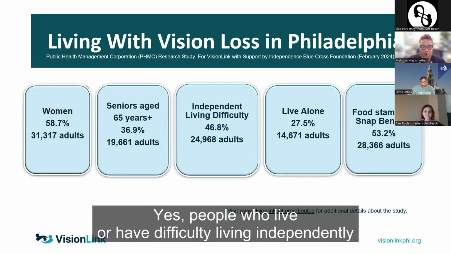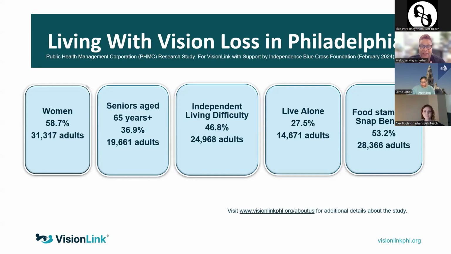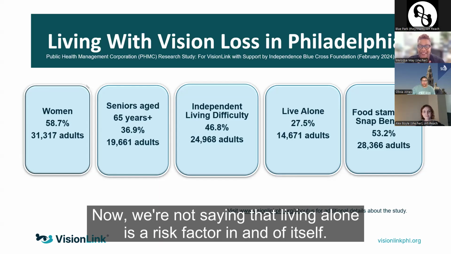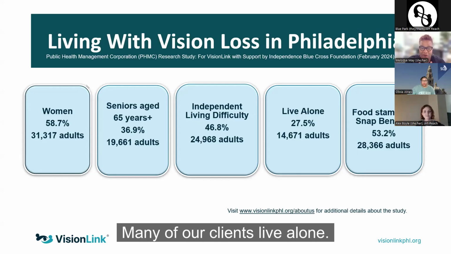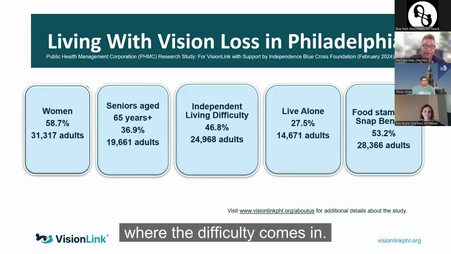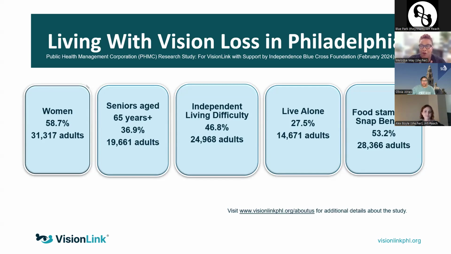Yes, people who have difficulty living independently are at risk for all of that. So I wanted to really stop and discuss that, especially people who live alone. Now, we're not saying that living alone is a risk factor in and of itself. Many of our clients live alone, but if you live alone without the skills to be independent, that is where the difficulty comes in.